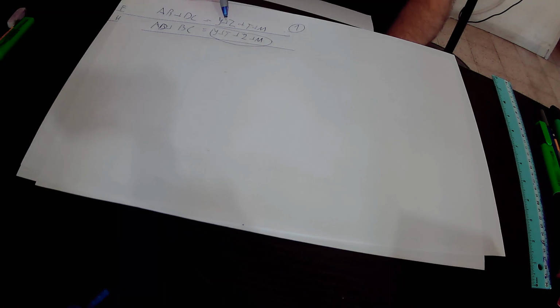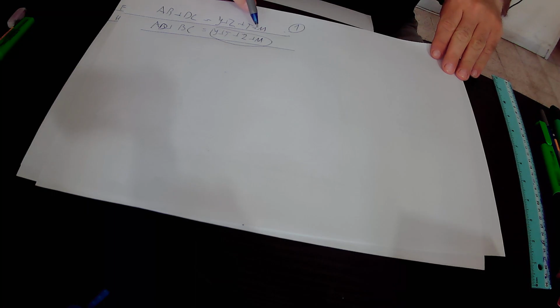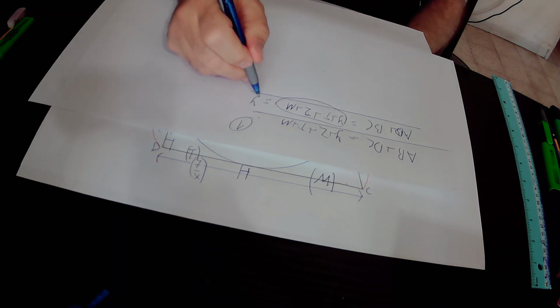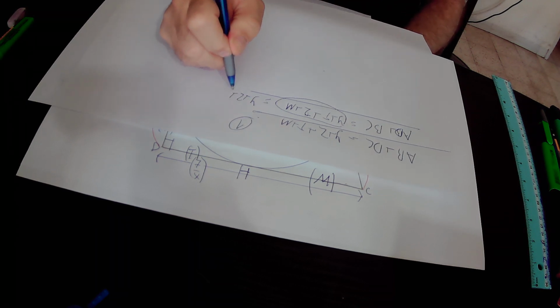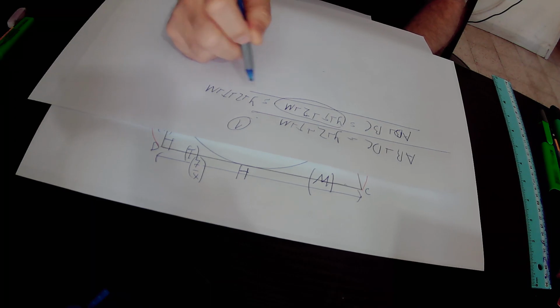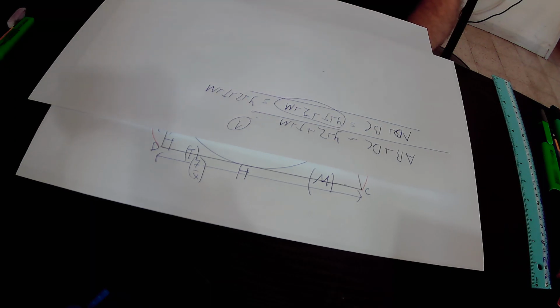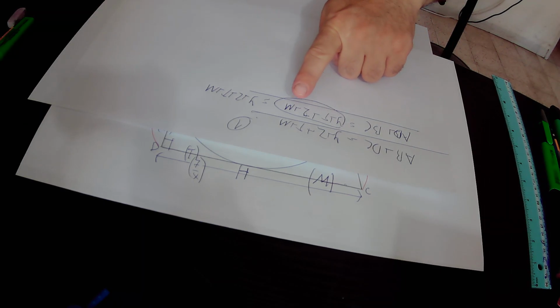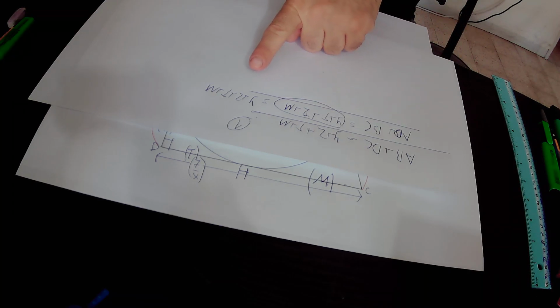We can change the order of these letters, and instead of y plus t plus z plus m, we can write that this expression equals y plus z plus t plus m. So AB plus DC equals y plus z plus t plus m, and AD plus BC also equals y plus z plus t plus m.